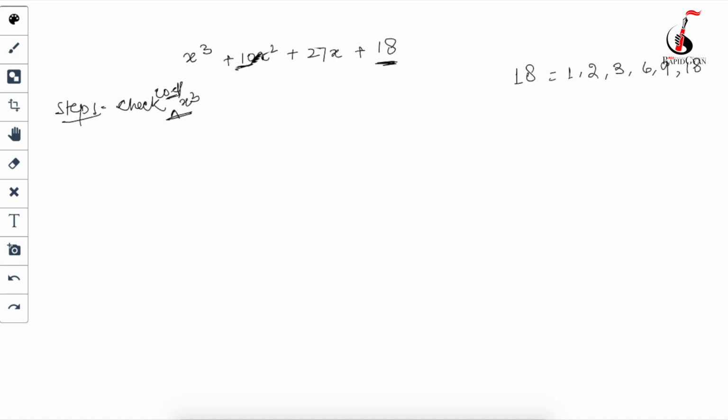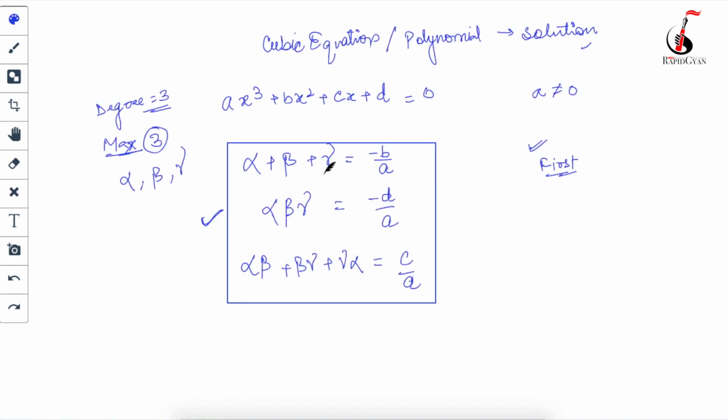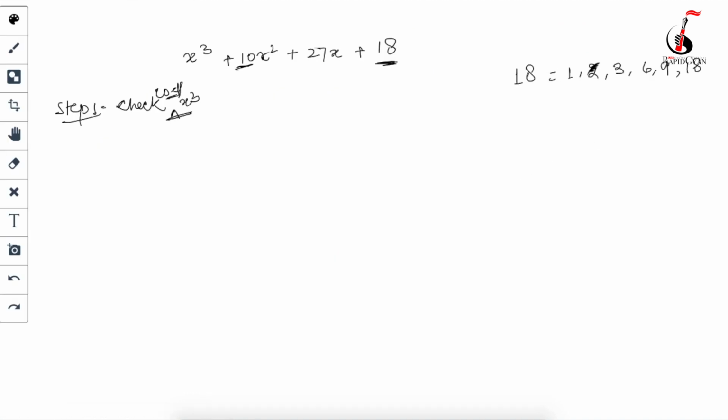What is your 10? 10 is your b. See, if you add these roots, in the numerator you will get b. So you will have to find 3 numbers whose product is 18 and sum is 10.